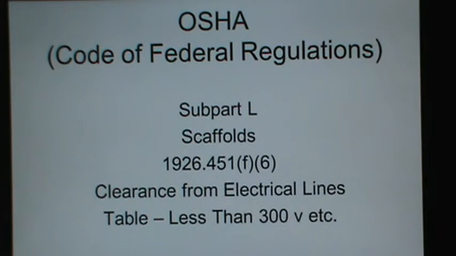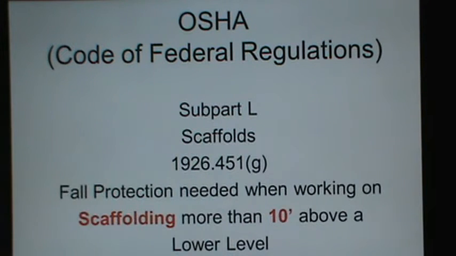It's 10 feet if it's 300 volts to 50 kilovolts, and so forth. You might even have to do a little math question if it's more than 50 kilovolts, because it's 10 feet plus 0.4 inches for every kilovolt over 50. So just keep in mind that's where you find that information.